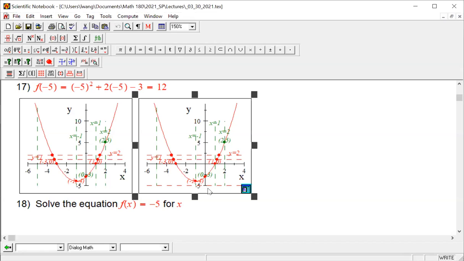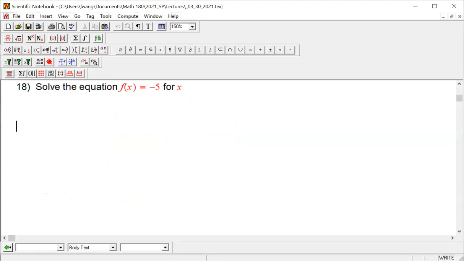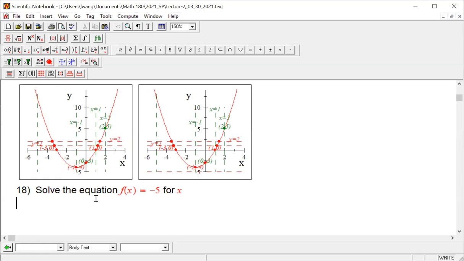So are you guys there yet? So what did you get? Algebraically, we still have this (x + 1) squared minus 4 equals -5. When we are trying to solve this equation, we add 4 on both sides.